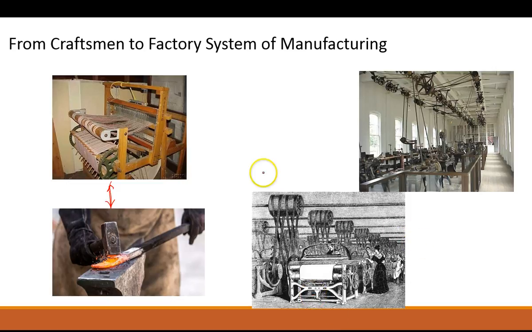So we went from one person working on a loom to an entire industrialization of a mill where several looms operated, taking the place of just one individual. And the same goes for other types of industrialization.